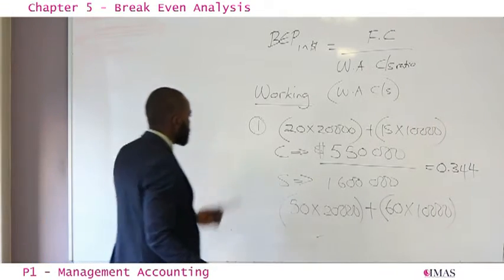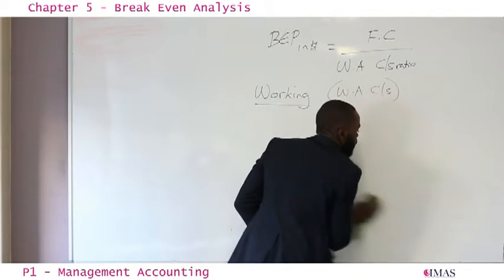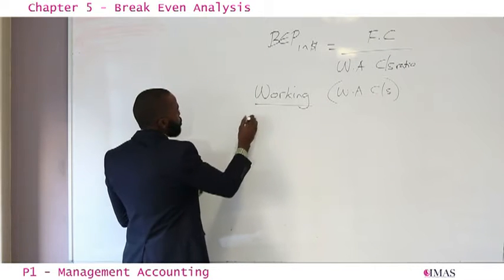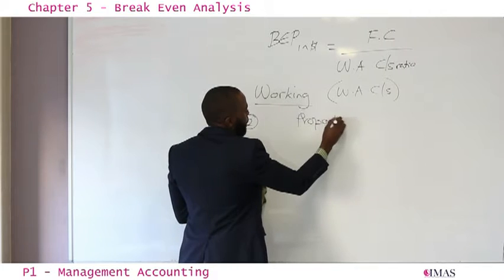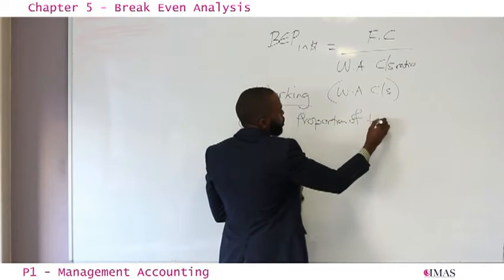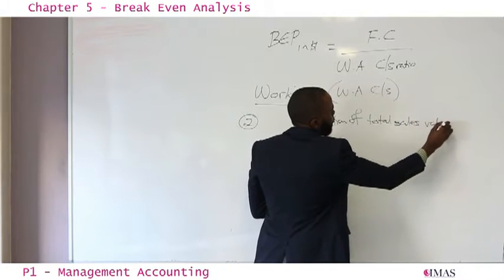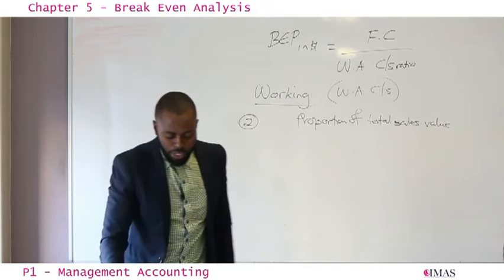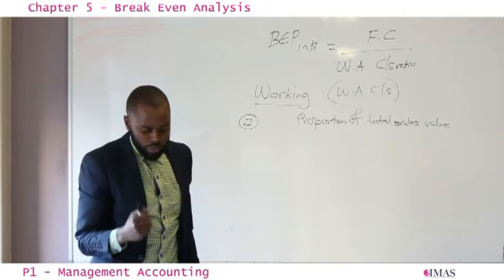Now we're going to do this using method number 2. And we want to see, do we still get the same answer? Method number 2 requires us first to get our proportion of total sales value. So for product X, the sales value is 50 times 20,000, which is 1 million.